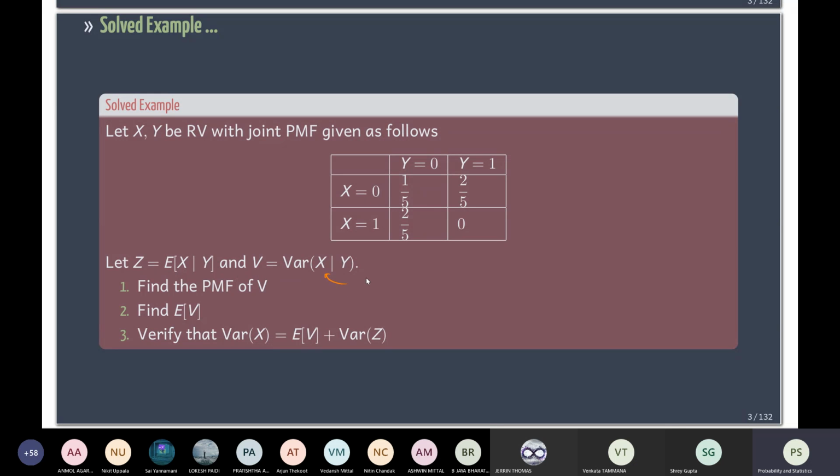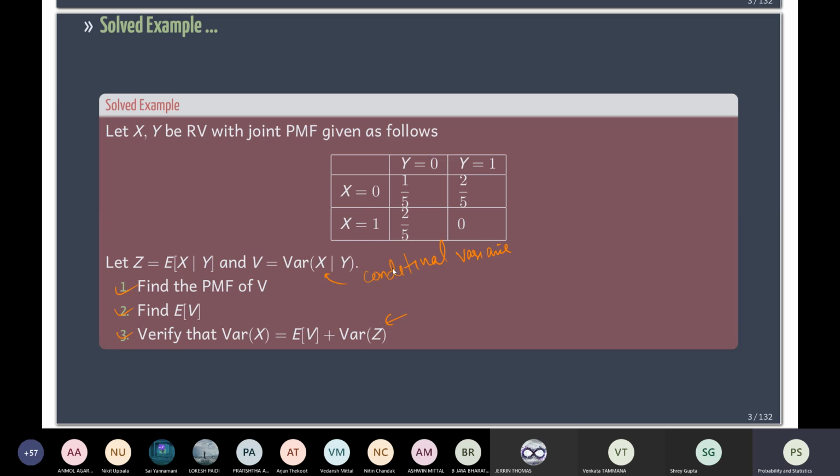So this is the conditional variance now, and we have to find the PMF of v, find the expectation of v, and verify this identity. This is an identity we want to verify in advance, although we have not proved it. It holds, so we may try to prove this later, and motivate this identity by this example first.